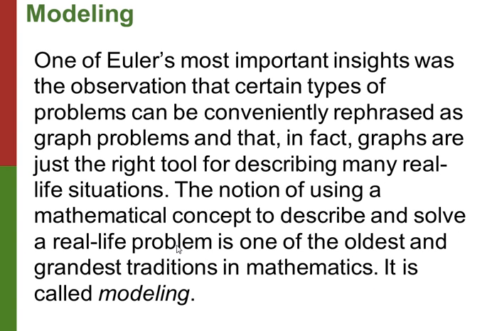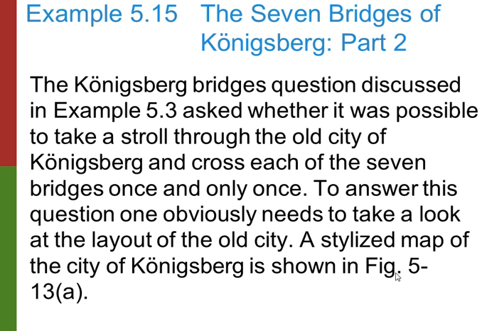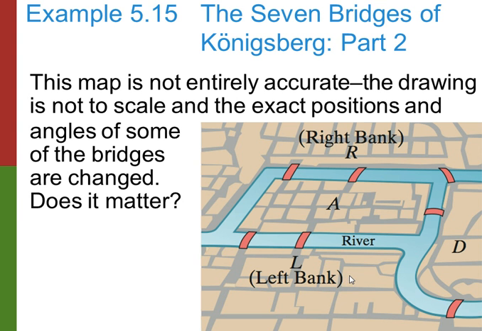Now, what happens is that you send all these grad students out to figure out what problems can be done that way. And yes, it can be done, and wasn't it great? And should we really be wasting our time on it? So here we have 7 bridges going through Koningsberg, and there's our map.